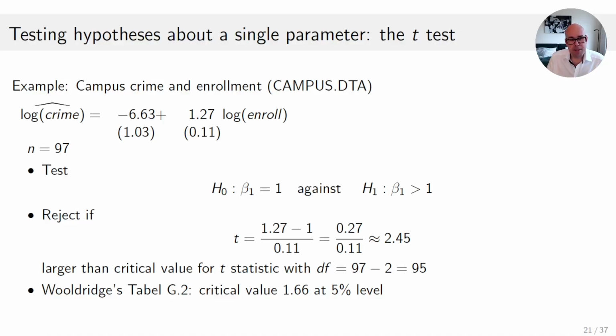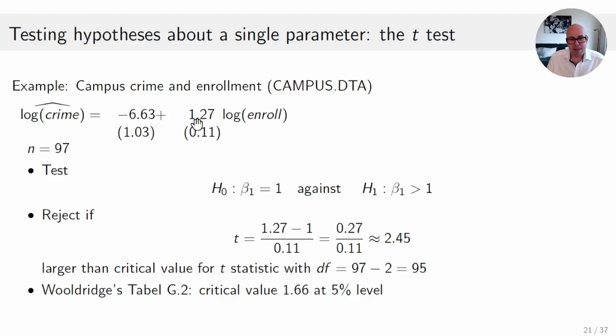When you run this regression, again, the example is from the book, actually here there's a log specification. So what that means is that this here is the elasticity. The log of crime is regressed on the log of enrollment.